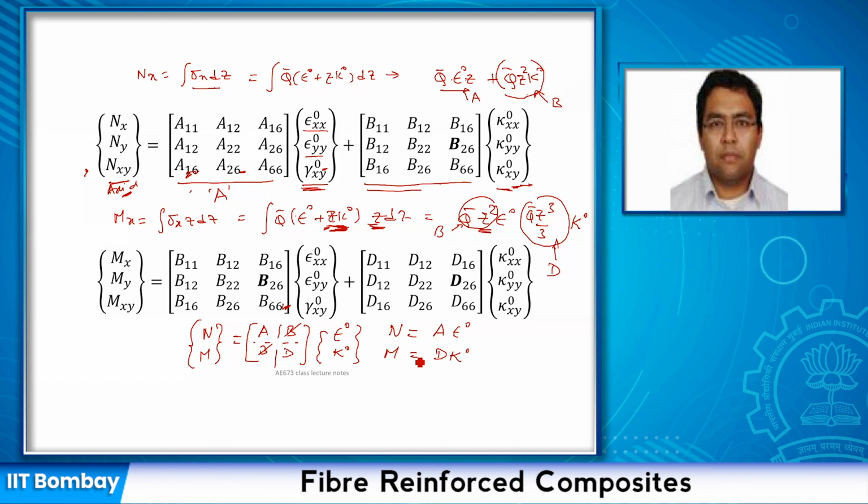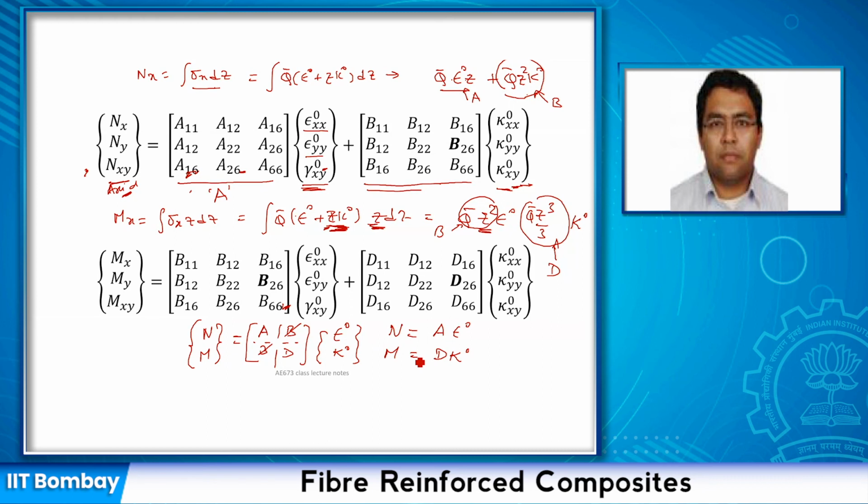See, if suppose you have all zeros, then nothing will happen because your B matrix will go to zero. Now you will say, why will the B matrix go to zero for all zeros? Because if you notice the z into kappa term, when you have layers on the top and bottom having the same thing, then you will find when you do the calculations that they will cancel out, and you will end up with a term where there is no coupling.